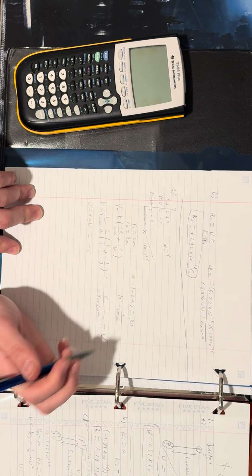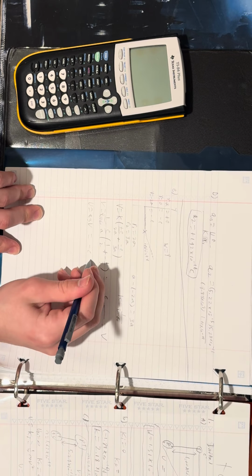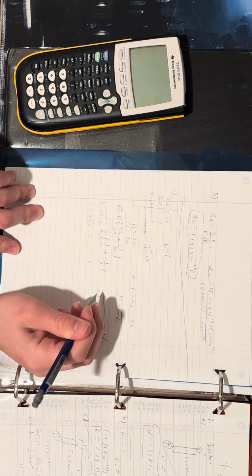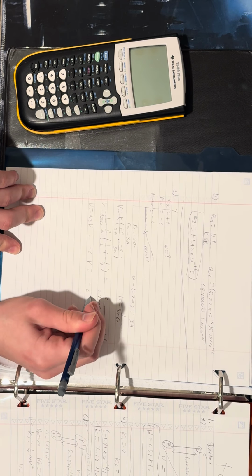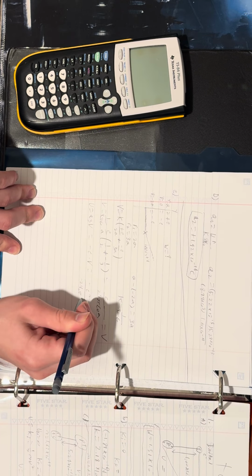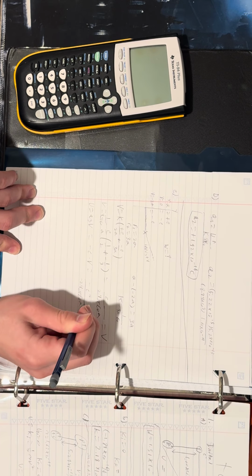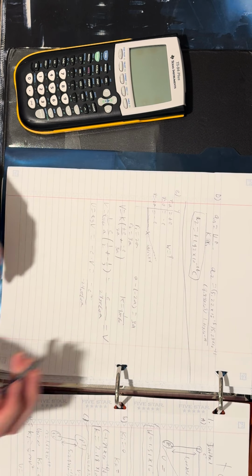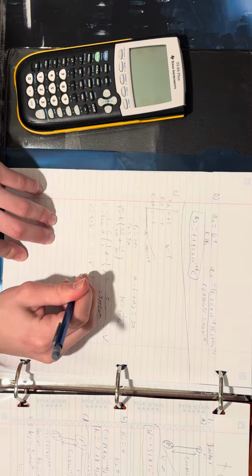And then times that by our V, which I'm just going to write as V because I don't want to write the whole thing again. It's just going to be a negative e squared over 24 pi epsilon 0 a, which would equal our work. Awesome.